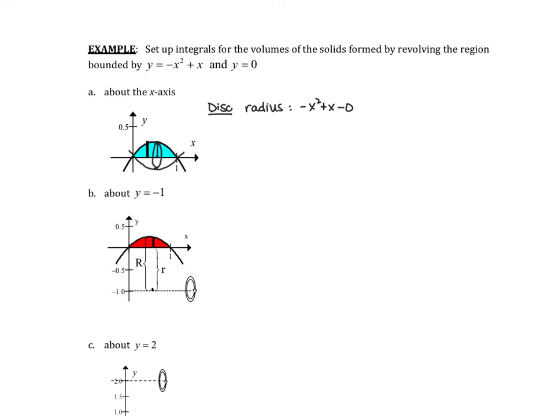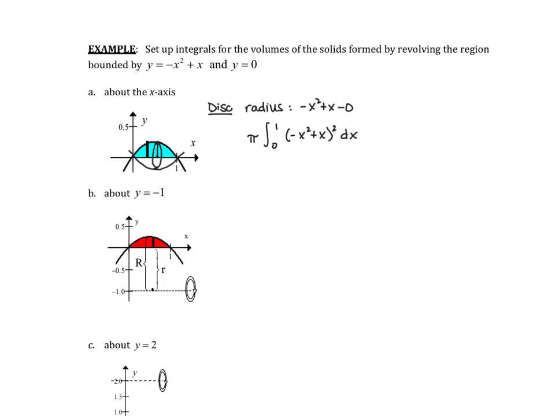So the integral I would set up here would be pi from 0 to 1, my bounds of integration, where it starts and ends on the x-axis, of the radius squared, pi r squared, because that's the area of a circle, multiplied by dx, that height of that cylinder, that infinitesimally small height.